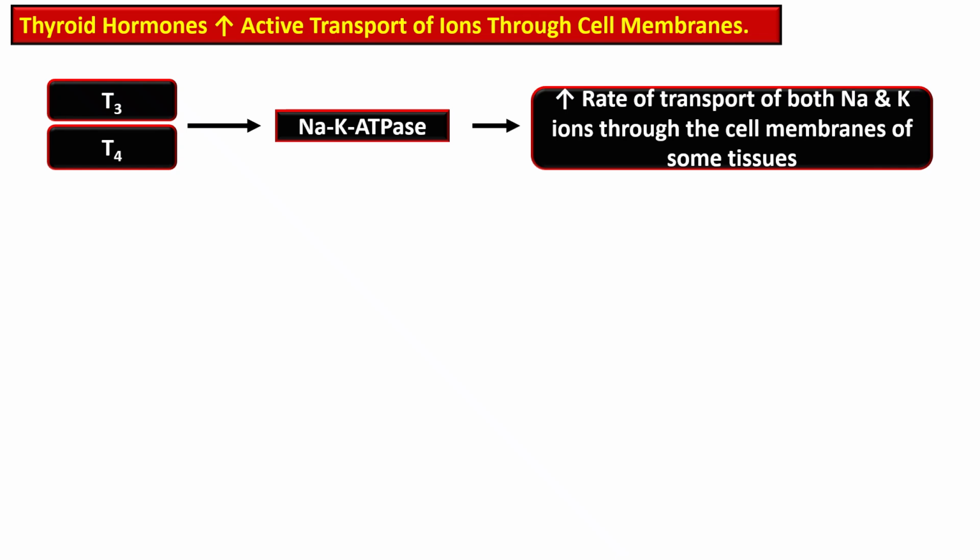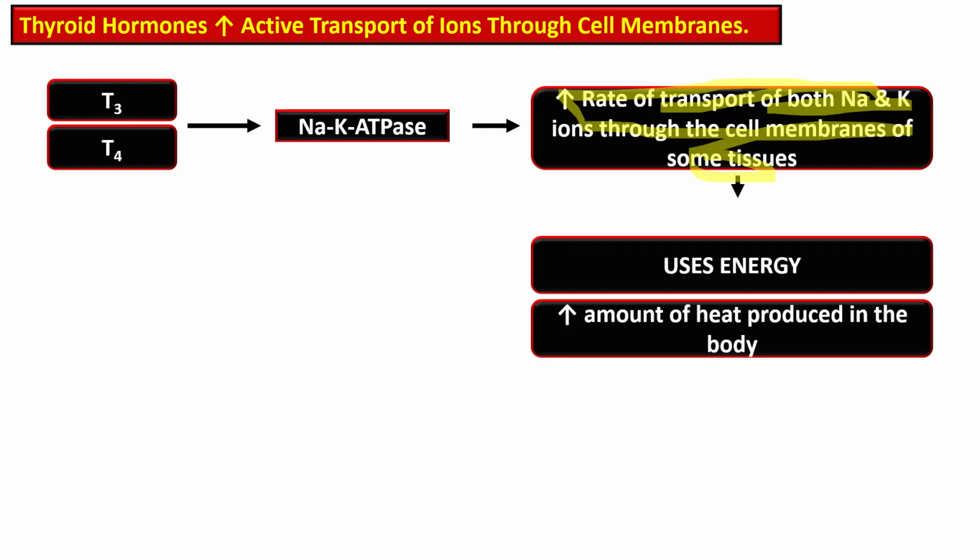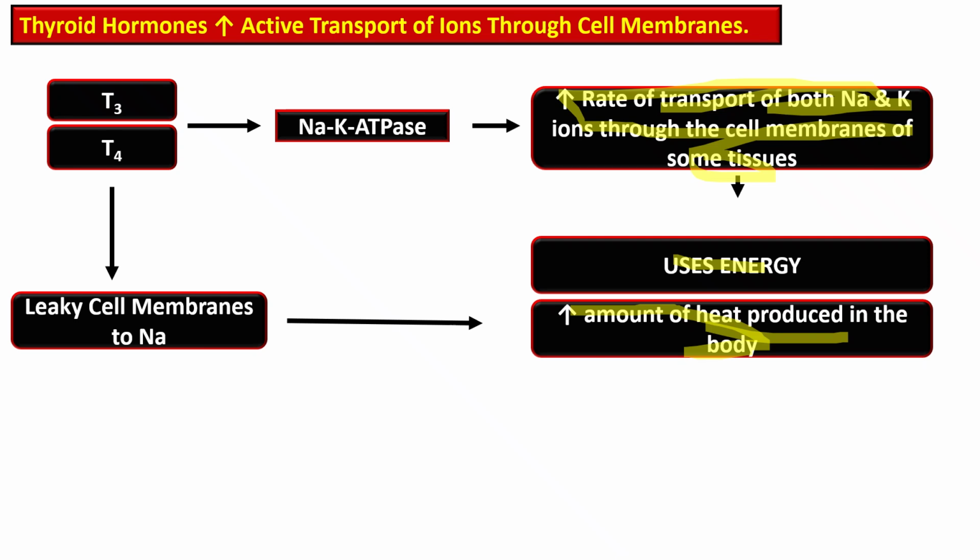There is an increased rate of transport of both sodium and potassium ions through the cell membrane of some tissues, that uses energy, and an increased amount of heat is produced in the body. They also cause leaky cell membranes to sodium, that contributes to this effect.